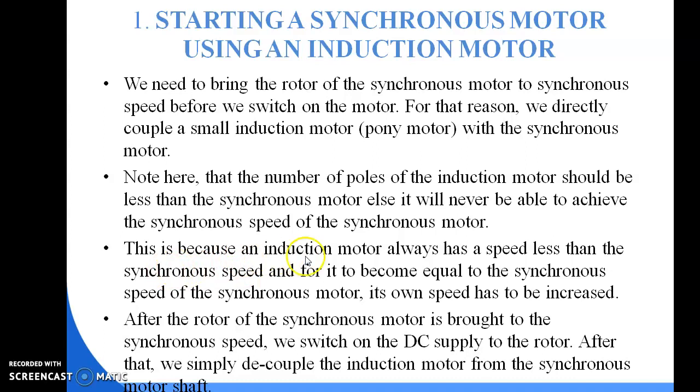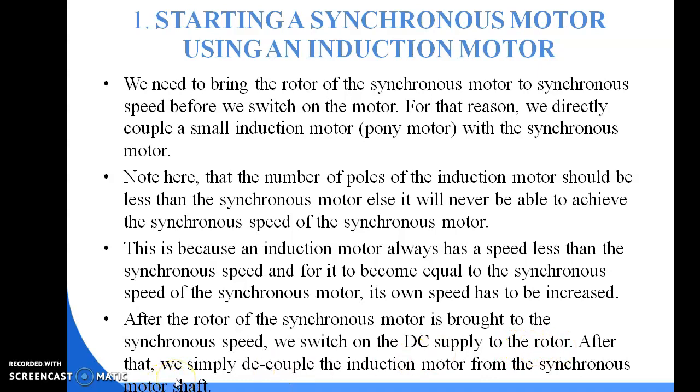Again, this is because an induction motor always has a speed less than the synchronous speed, and for it to become equal to the synchronous speed of the synchronous motor, its own speed has to be increased. After the rotor of the synchronous motor is brought to synchronous speed, we switch on the DC supply to the rotor.